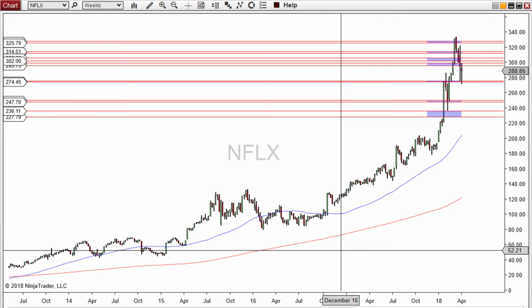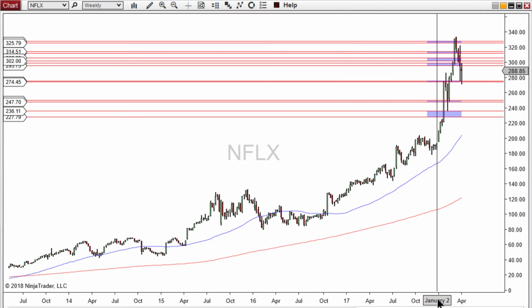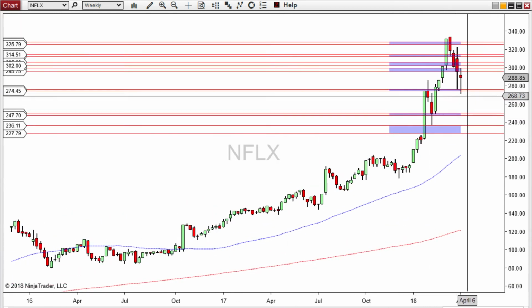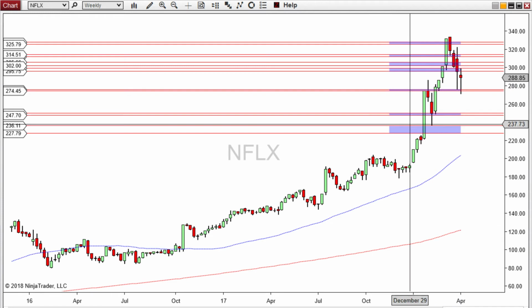Not saying Netflix is one of those, but certainly if you look at the top right now on a weekly basis, Netflix is a little bit parabolic and forming a little bit of an Eiffel Tower top here. So you just have to be cautious about getting long on this thing.